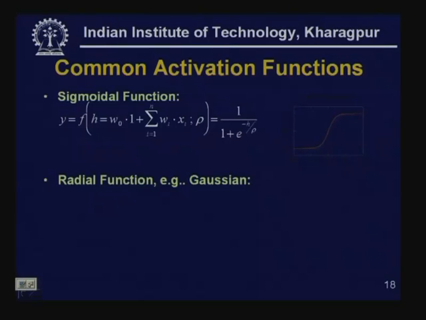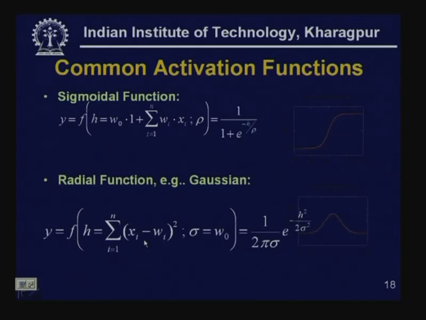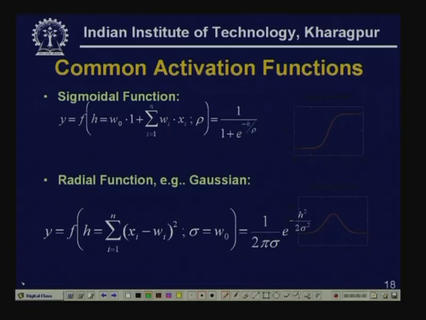Two such functions are, number one, the sigmoidal function, represented as y equal to 1 by 1 plus e to the power minus h, and the radial function or the Gaussian function, which is given by y equal to 1 by root 2 pi sigma e to the power minus h square by 2 sigma square.